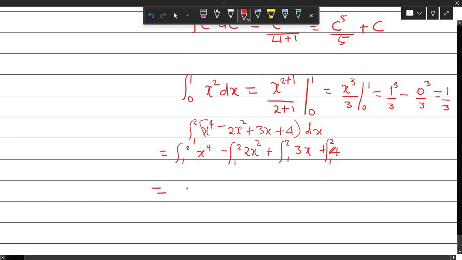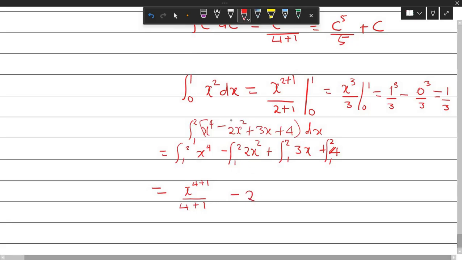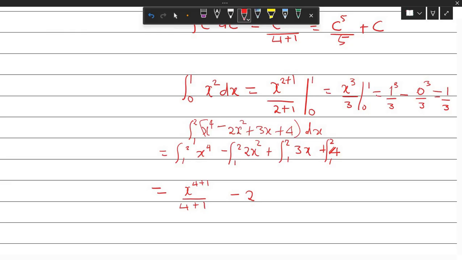So for x to the power 4, it will be x to the power 4 plus 1 over 4 plus 1, okay, minus, so we know 2, here 2 is a coefficient. So we just leave it because it's a constant and a coefficient. So it will come outside because it's a constant.